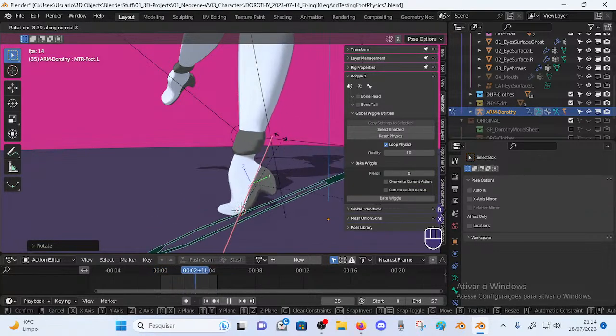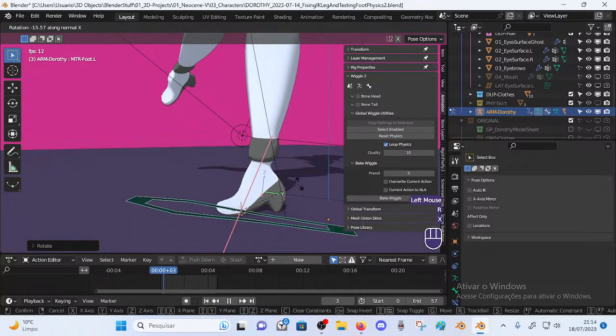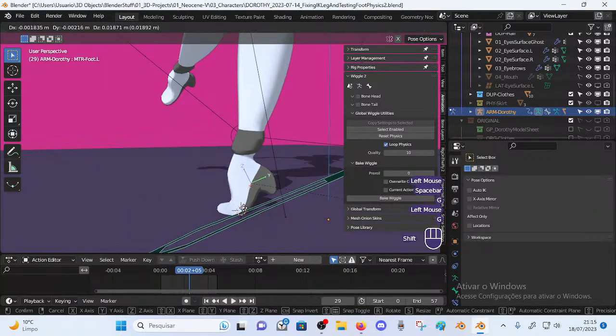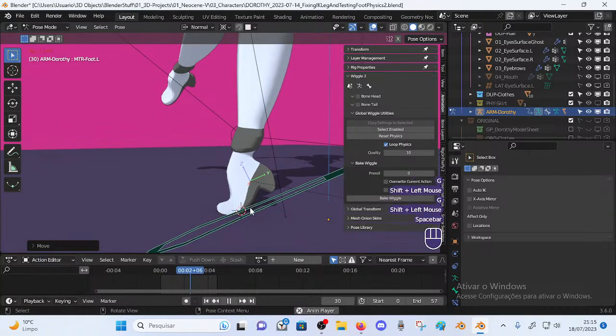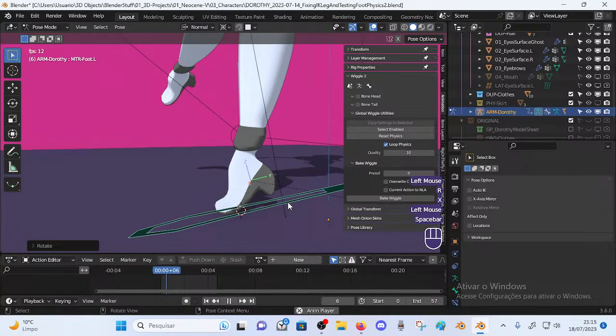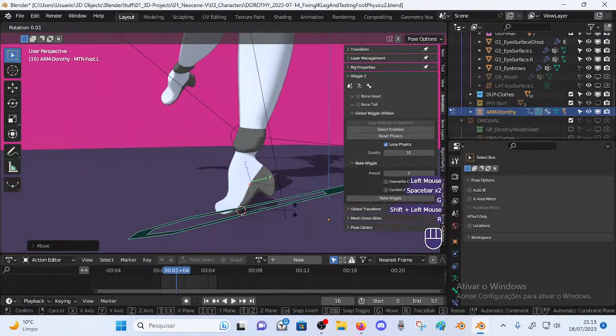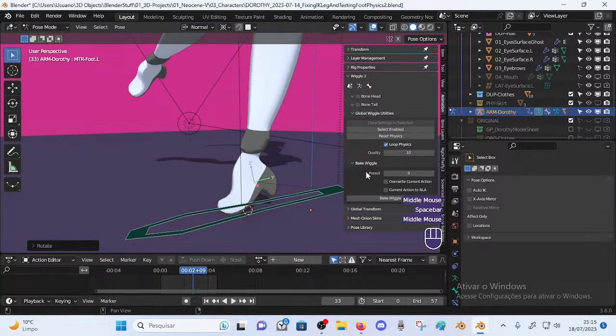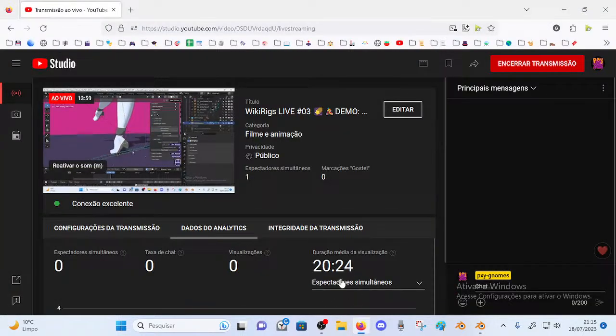Theoretically, it's not required. Actually, in practice, I might need to fix some poses here to avoid certain interpenetrations, and in real time it gets good, right?